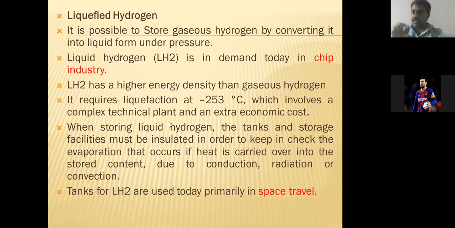What exactly will this insulating material do? It will not allow heat to flow from outside into the cylinder, because otherwise we will have a big problem. If heat is transferred from outside to inside, the liquid will evaporate, convert into vapor, and go out. That was the problem we would face.